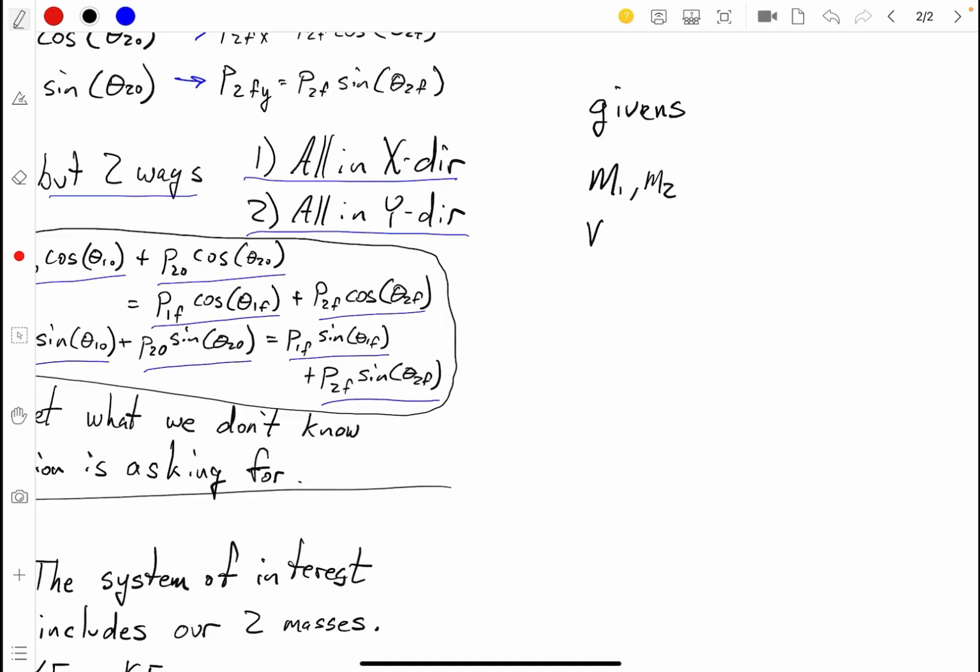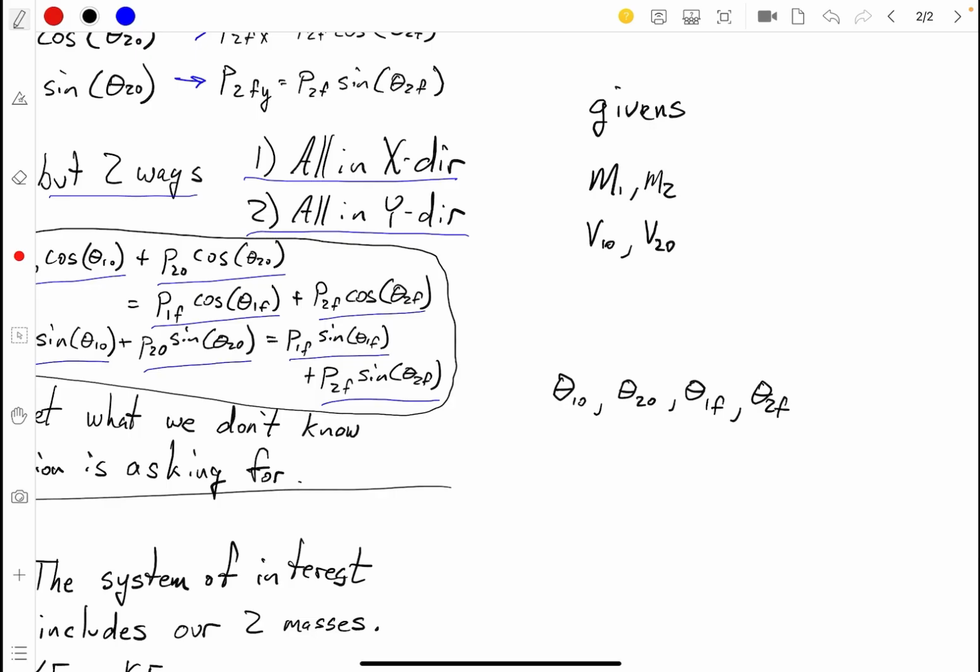Our V initial for 1 could be given. Our V initial for 2 could be given. So far, so good. But what don't we know? We don't know theta 1 initial. We don't know theta 2 initial. We don't know theta 1 final, and we don't know theta 2 final.